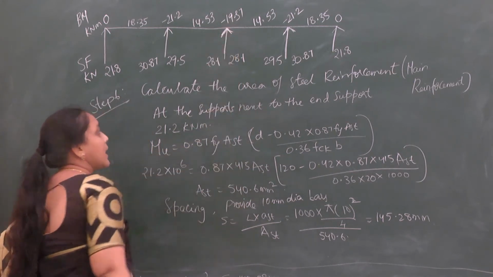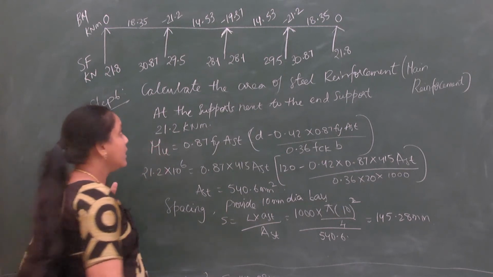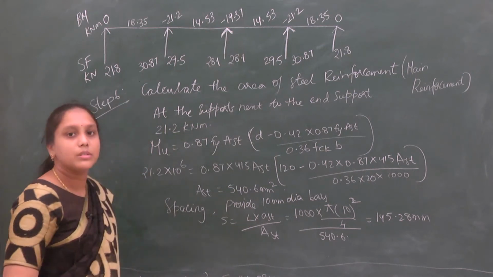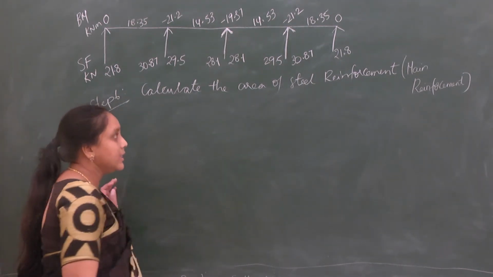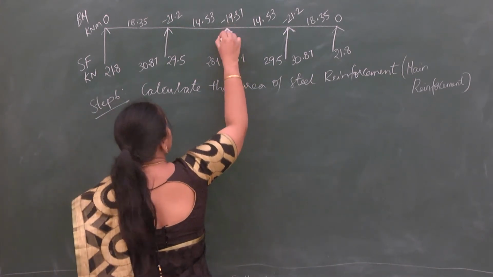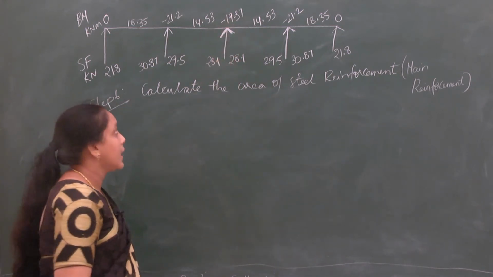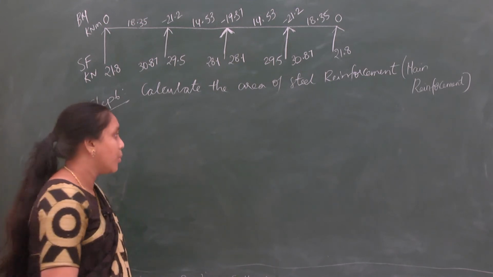So now we have to calculate the AST for the bending moment at the intermediate support. Let us calculate the area of steel required at the middle support for the bending moment of 19.37 kilonewton meter, which is a negative moment.